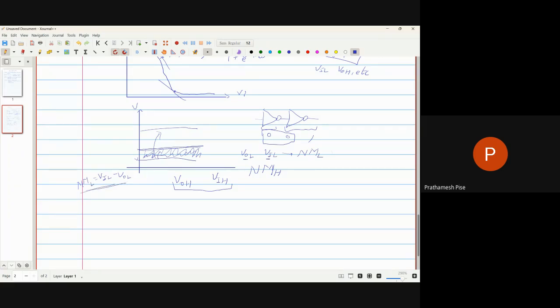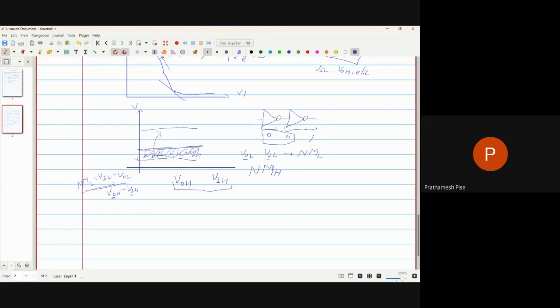You have seen this formula, right? Is the formula correct? Yes, sir. But for the V high, we do VOH minus VIH. The reason is this term is going to be higher than this term, so the noise margin should always be positive.